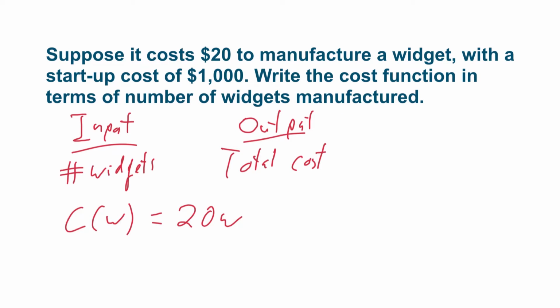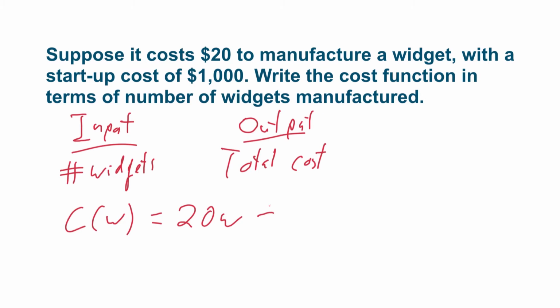Now, I do have an additional cost I have to incorporate here, which is also given in the statement of the problem. It costs $1,000 at the start, for any number of widgets. So if I want to make one widget, I have to pay $1,000 at the start plus the $20 for the one widget. If I want to make 10,000 widgets, I pay $1,000 at the start and then $20 for each of the 10,000 widgets. So I have to add in 1,000 here.